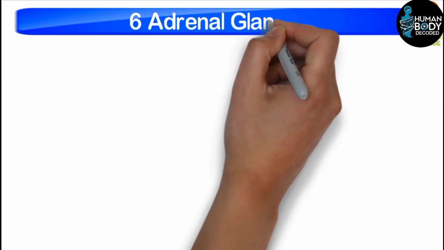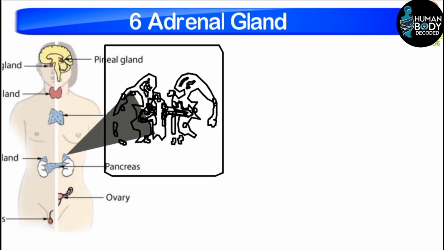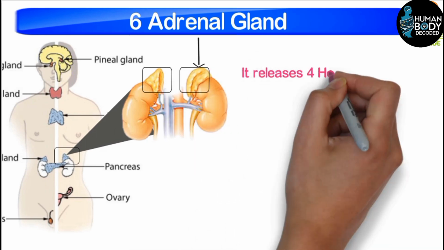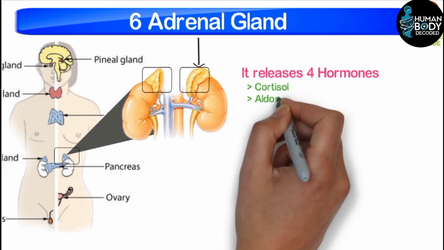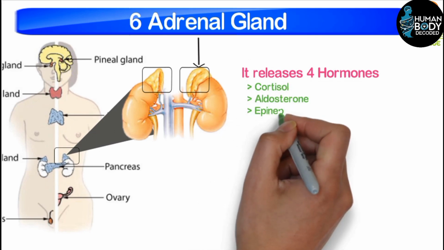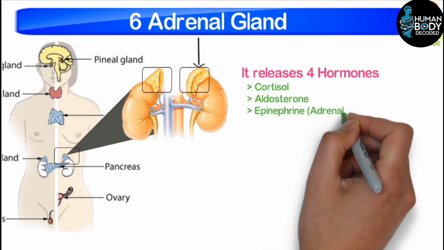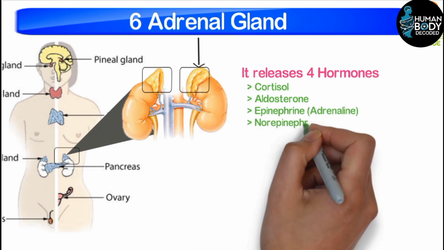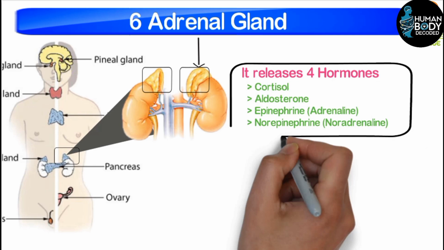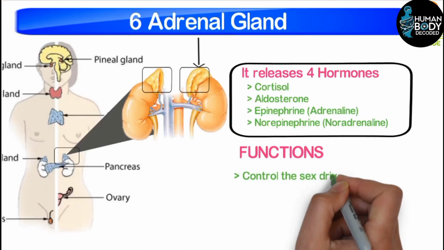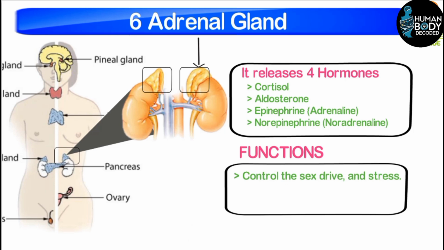Now we come to the sixth gland called the adrenal gland. This gland releases four hormones: cortisol, aldosterone, epinephrine, also called adrenaline, and norepinephrine, also called noradrenaline, and these hormones control our body's sex drive and stress.